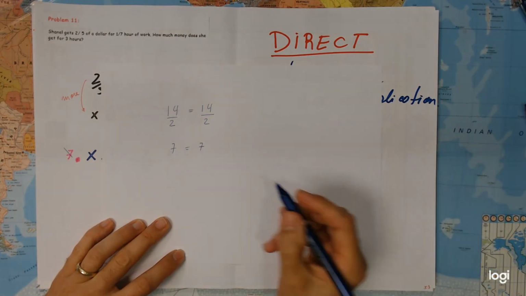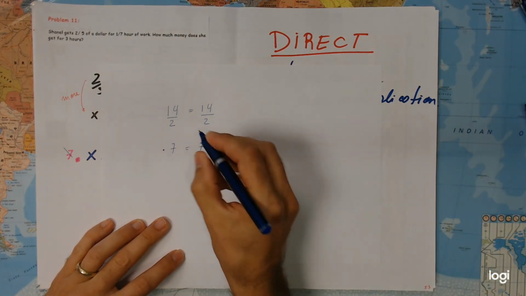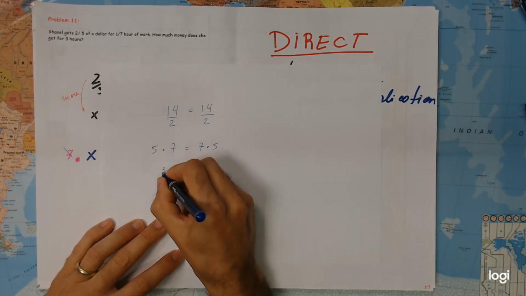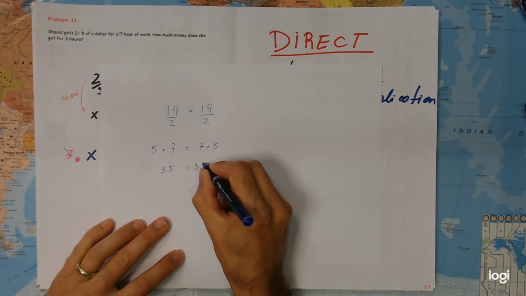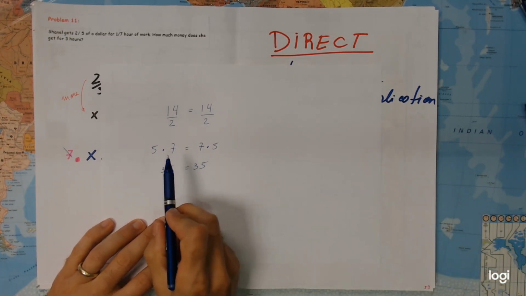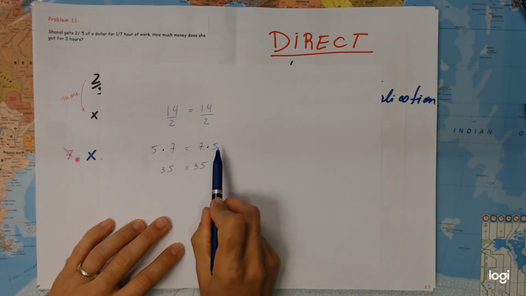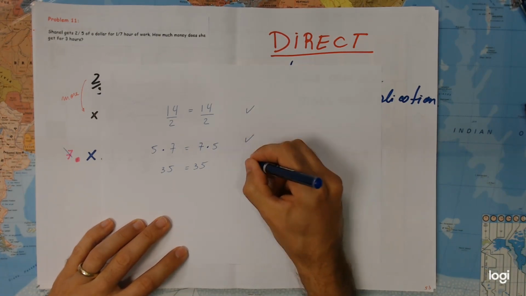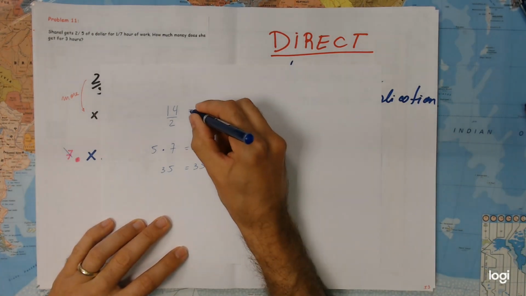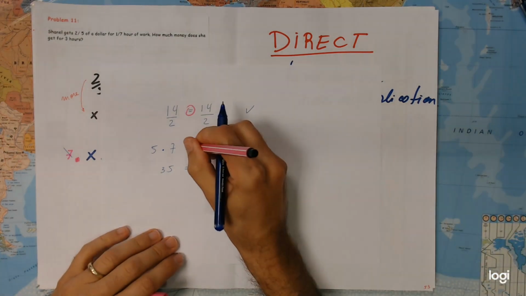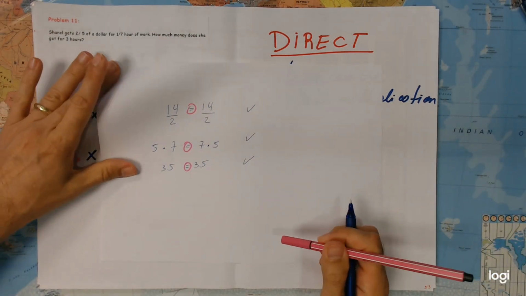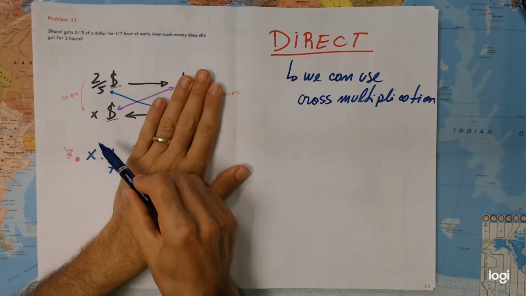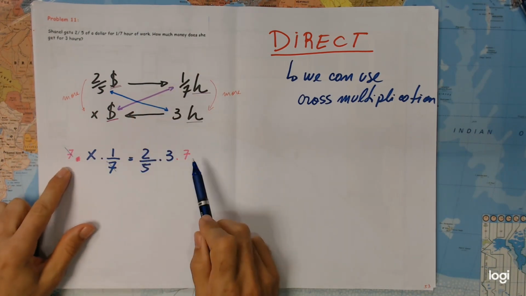It is still true. Now let's multiply both sides by 5. 35 equals 35. You see? Whatever we do on this side, we have to do on this side. And as long as you are doing this, we are not changing this equality. That is why whatever we do on this side of the equation, we do the same on this side.